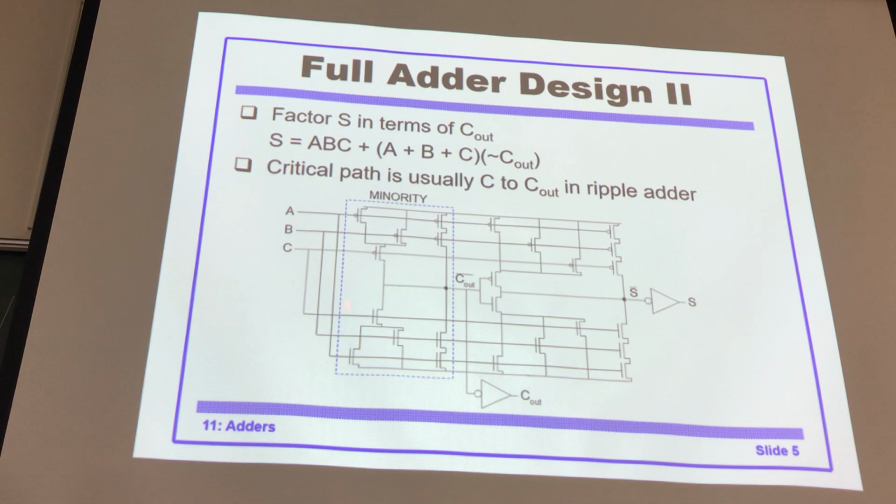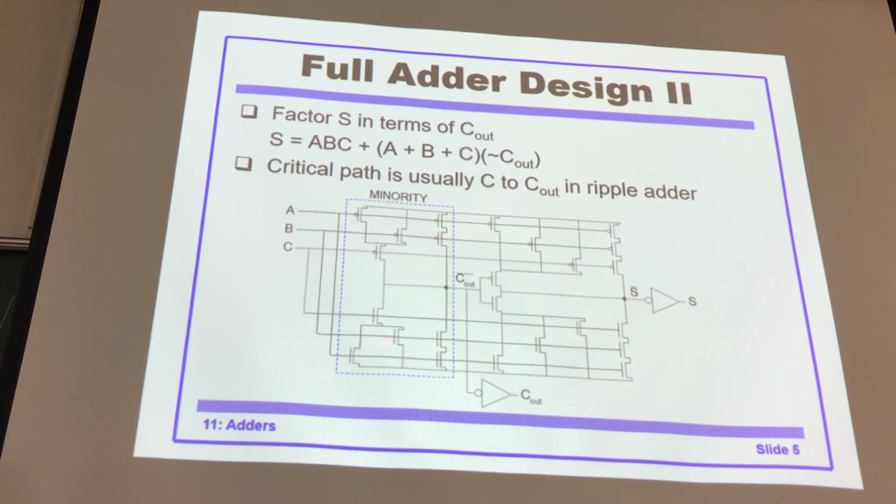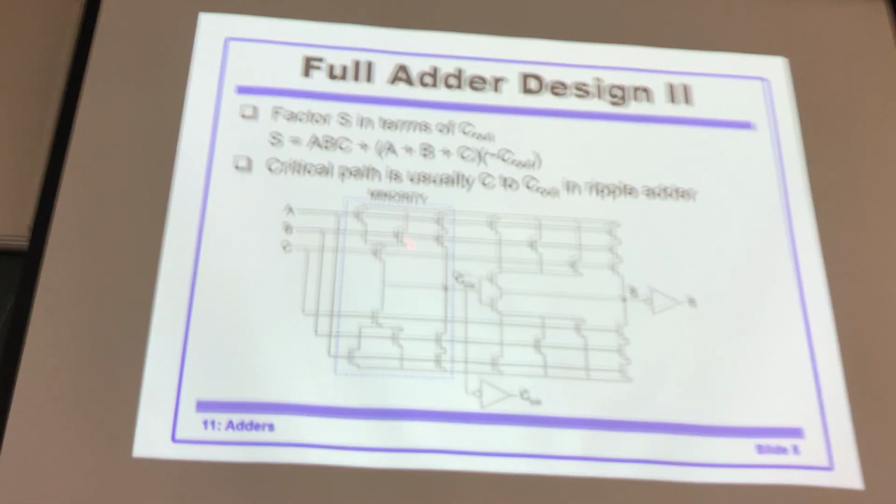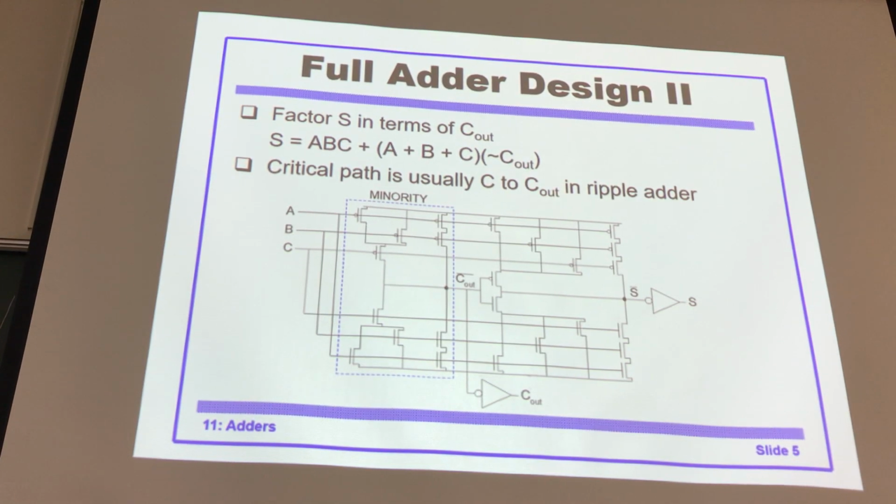So this circuit, again using the Boolean function, the Boolean equation, you can derive the result. We call that a minority circuit, not majority, because in the equation here you get C out bar.